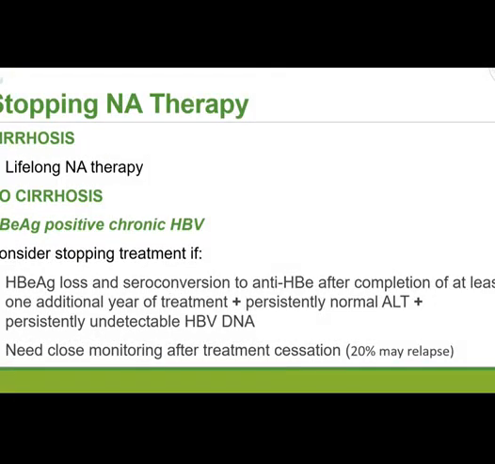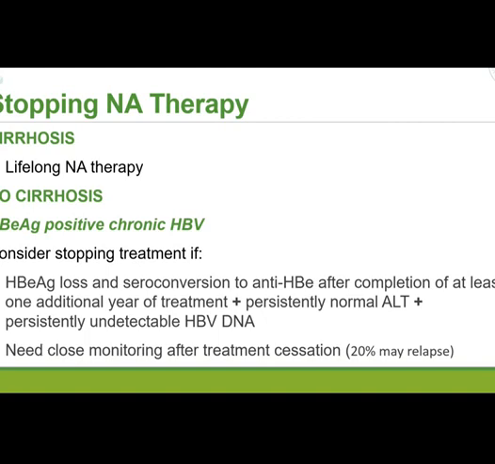When to stop? It's a difficult question, not a clear-cut answer. In the case of cirrhosis, the objective is not a cure. The objective is to keep this patient free from developing hepatocellular carcinoma. So whatever the level of viral load, we have to continue with the therapy.